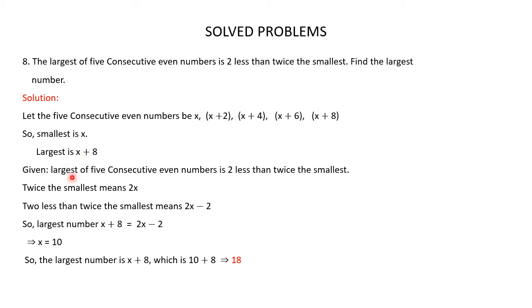It's given that the largest is 2 less than twice the smallest. The smallest is x, so twice the smallest means 2x. 2 less than twice the smallest means 2x minus 2. So finally we have the equation: largest number x plus 8 is equal to 2x minus 2.